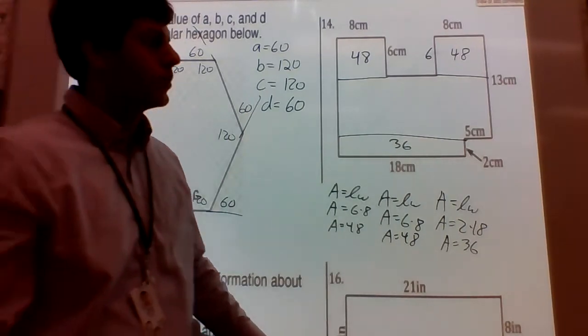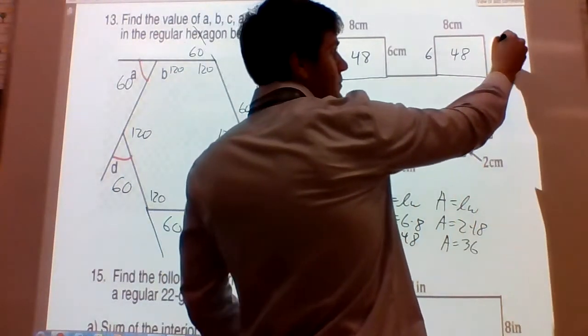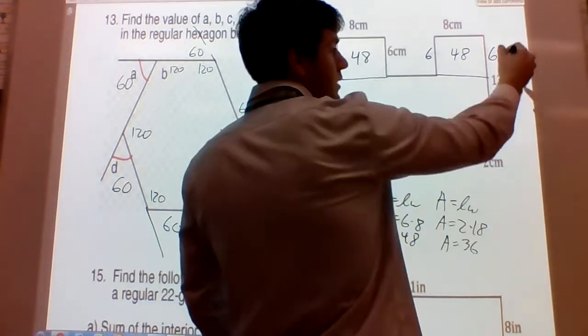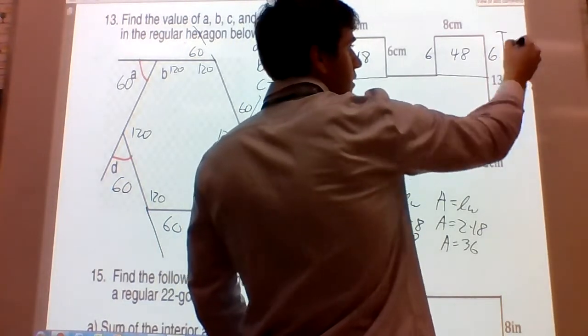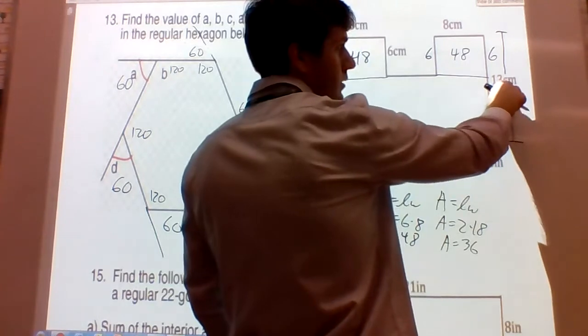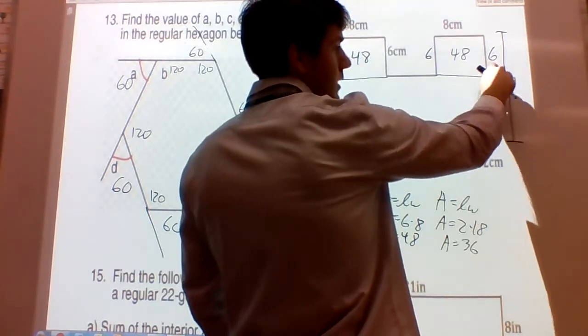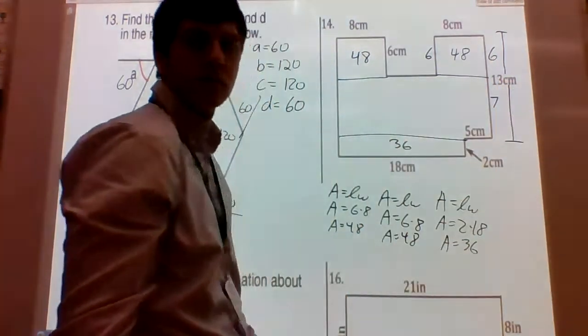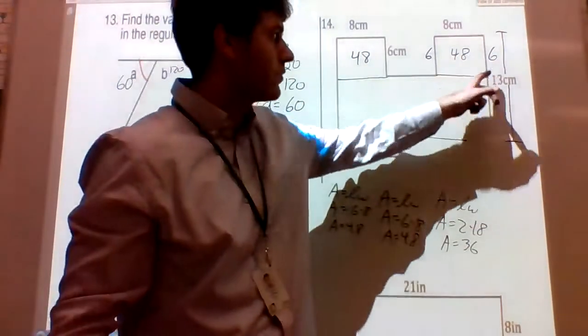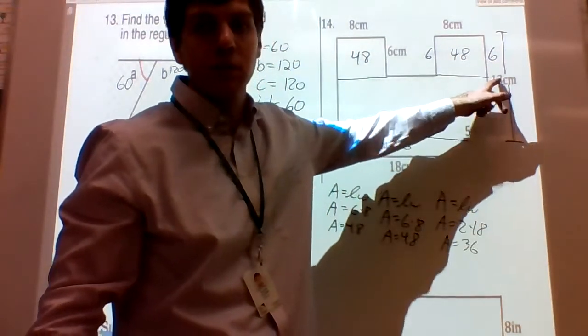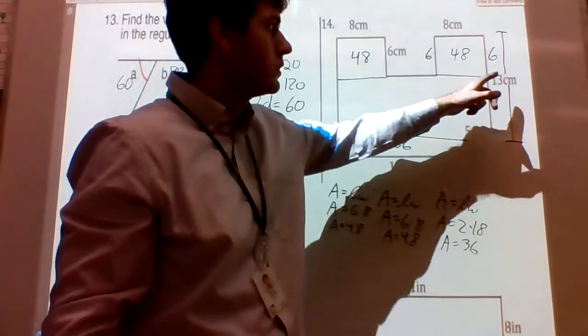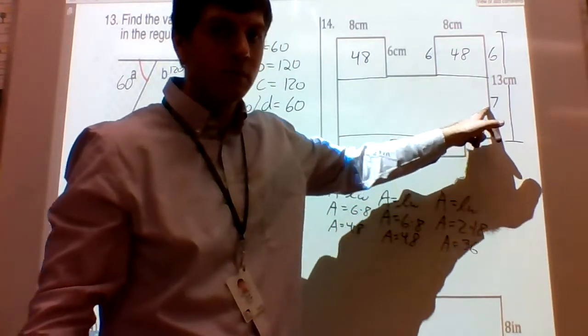If this is 6, we know the opposite side of the rectangle is 6. Since this whole thing is 13, these two pieces have to add up to 13. So 13 minus 6 gives us 7.